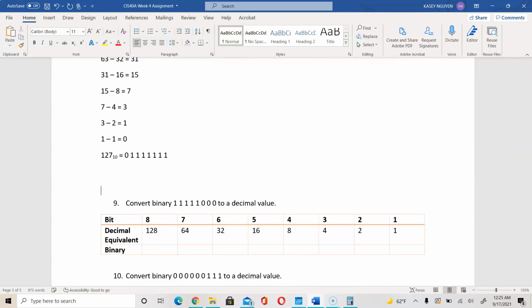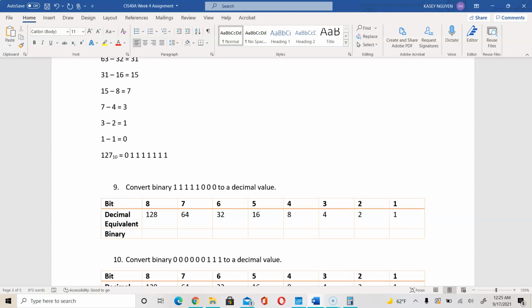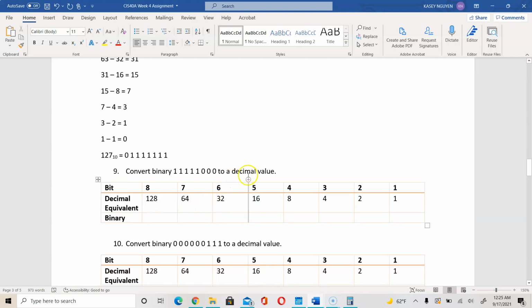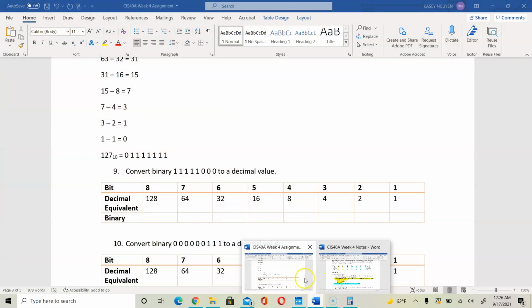Now to go in reverse, when we convert binary to a decimal value, what you can do is place your binary into the table, the scale, and then add up the decimal equivalent at the bit position that is on. So let's look at the example in the notes first.